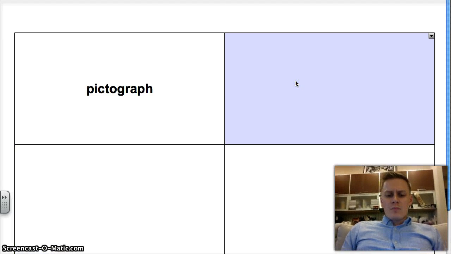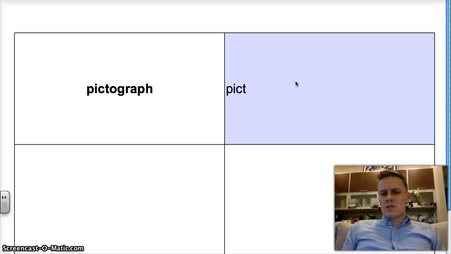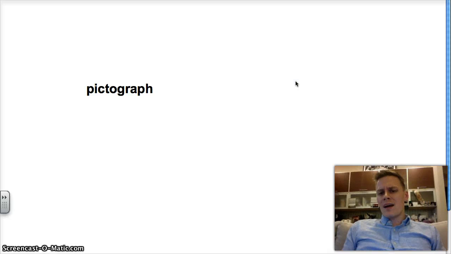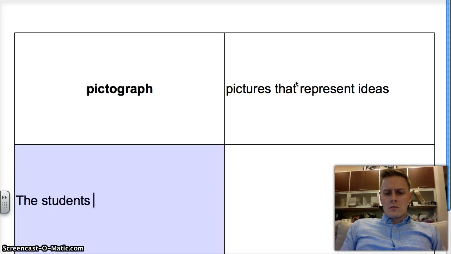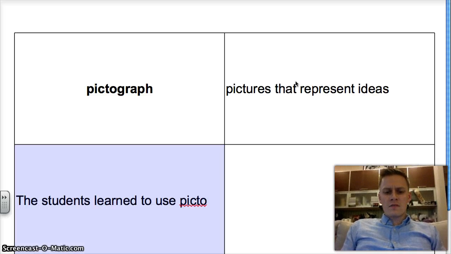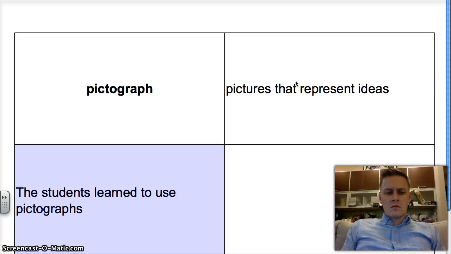And finally, let's talk pictographs. Pictographs are pictures that represent ideas. The students learned to use pictographs rather than words.